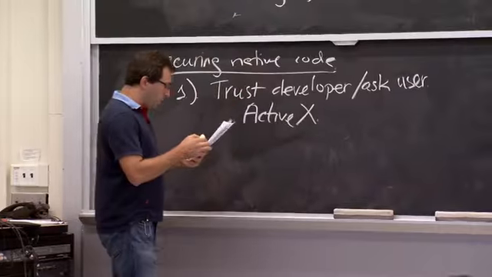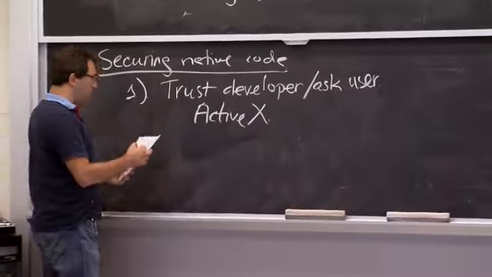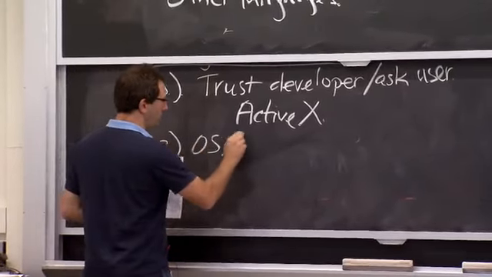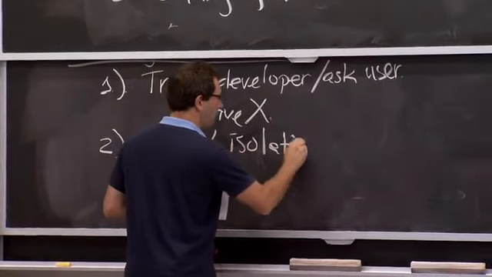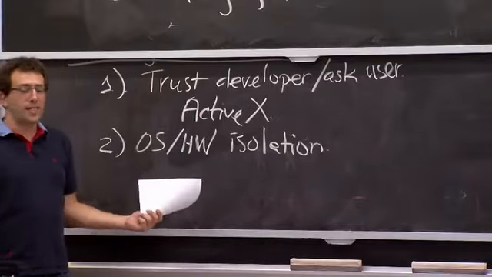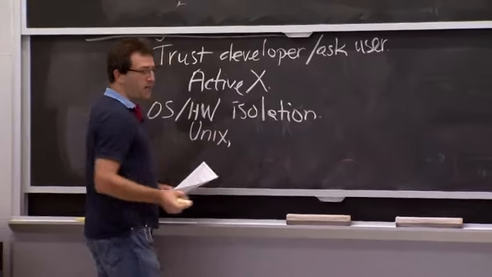OK. So the other approach that people have taken is to use OS or hardware sandboxing or isolation. These are things we looked at in the last couple of lectures. So maybe you would use Unix isolation mechanisms.